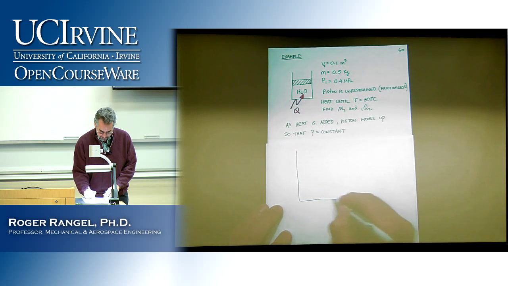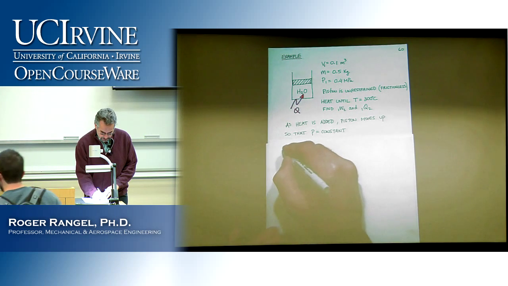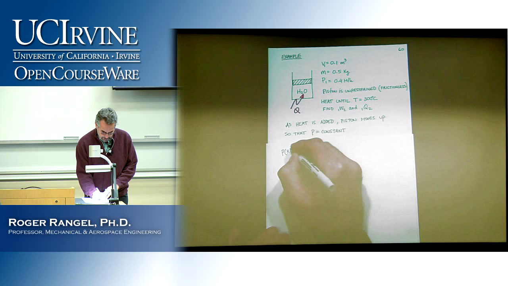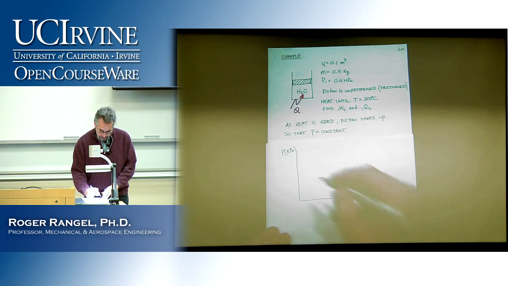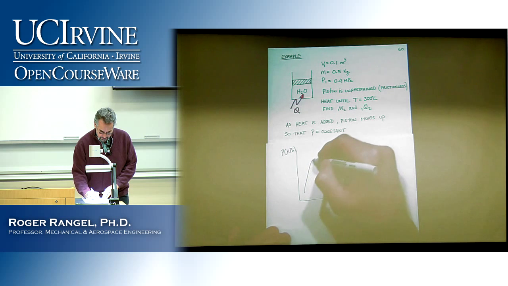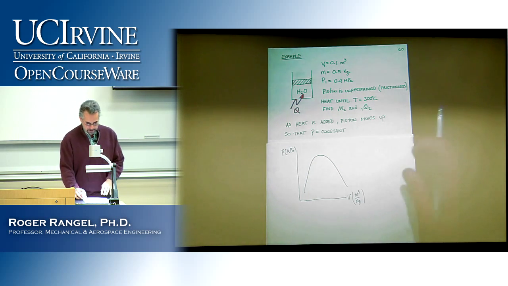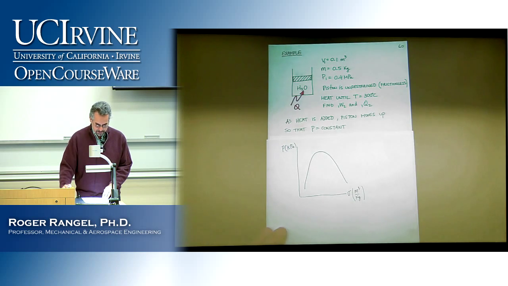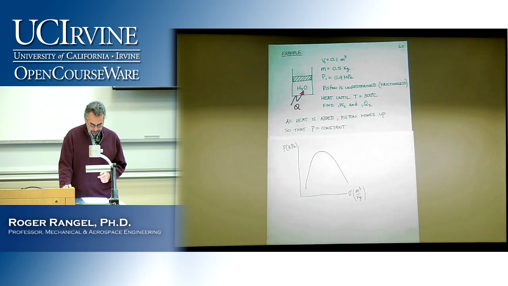So if we do in this case, it might be useful since we know the initial pressure and we can find out the specific volume, then we can make a plot of pressure. Let's put that pressure in kilopascals and then specific volume in cubic meters per kilogram. And then we represent a dome there for the saturated liquid vapor region. And the first thing, of course, is to find out where we are at the beginning.